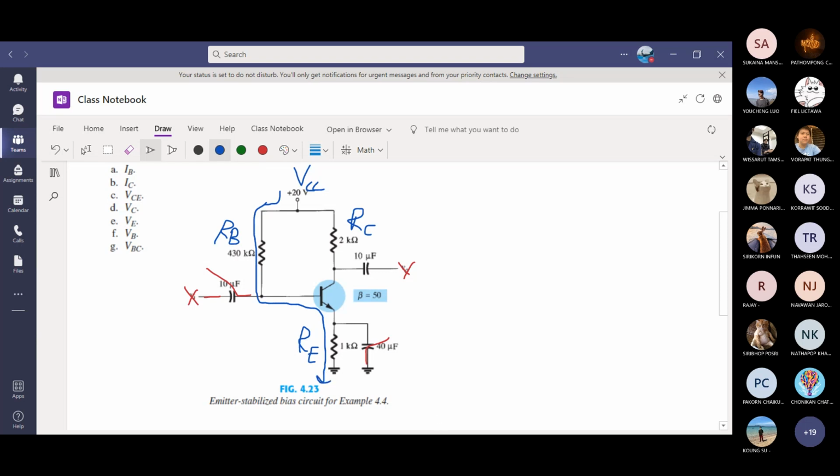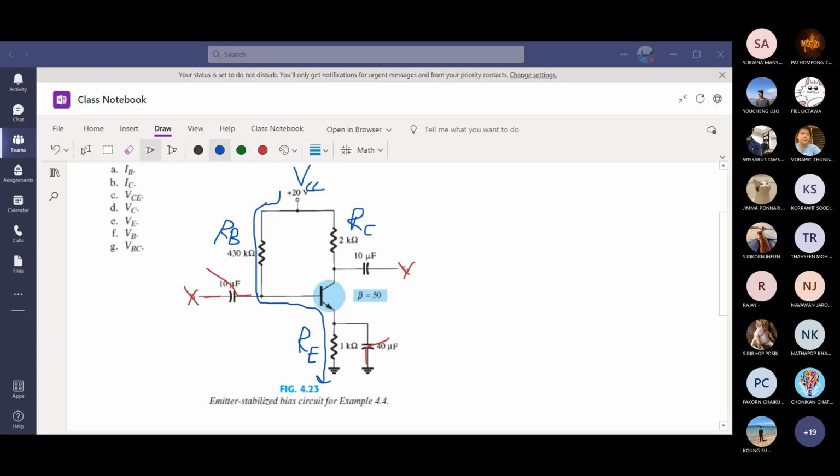But then IE is IC plus IB, and IC is beta times IB.